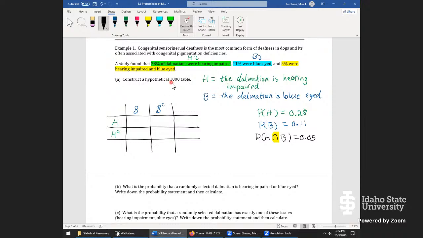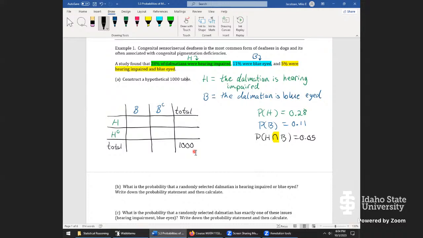Now, final things to put in. Because it's a hypothetical 1000 table, we need total counts. In fact, we need 2 total counts. We need a row total going this way. We need a column total going this way. And the 1000 in the hypothetical 1000 table goes all the way down here.